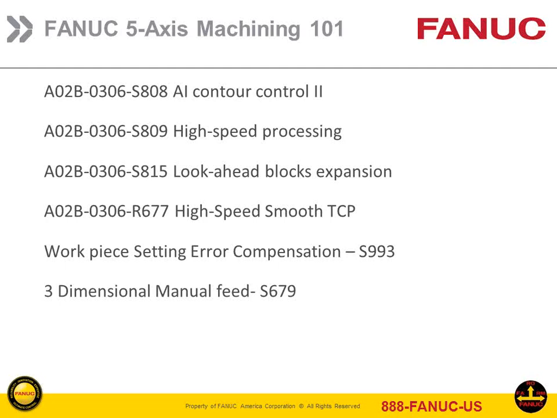The first 3 have to do with high-speed machining: HRV Control 2, high-speed processing, and look-ahead blocks expansion. Then for the 5-axis stuff, high-speed smooth TCP, Workpiece Setting Error Compensation, and 3-dimensional manual feed. These are just some of the ones that you want to make sure that you have. Like I said, Rick and Mark can help you with a more complete list, because it would take up several different screens to show them all.